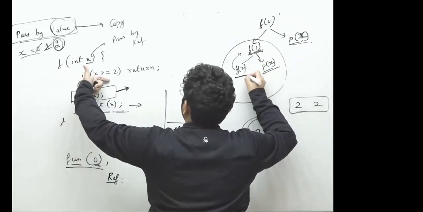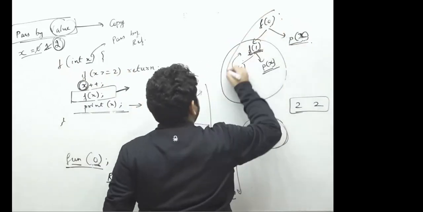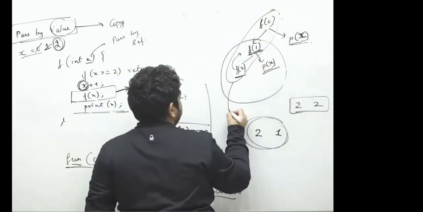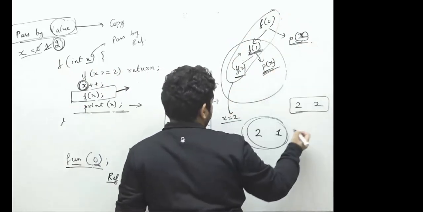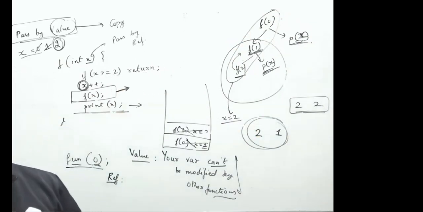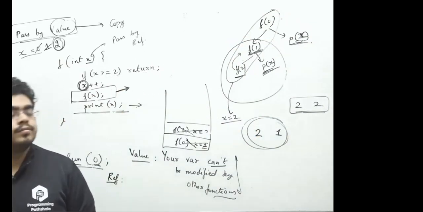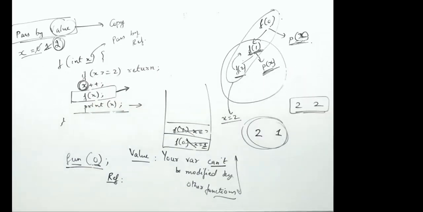Now f of 2 simply returns. So final value after this much call of x is 2. So both these guys will print 2, 2. Is that clear now? Why the output is 2, 2? Yes or no? Great.